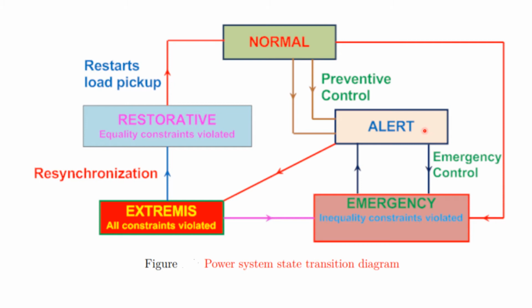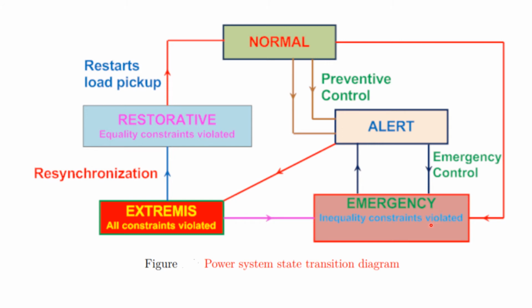So that is an insecure state, even though all the equality and inequality constraints, that is, the power balance as well as the voltage limits, generation limits and current limits, are satisfied. If a disturbance occurs, it may directly move on to emergency state.